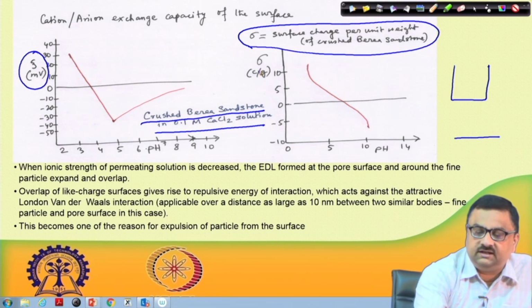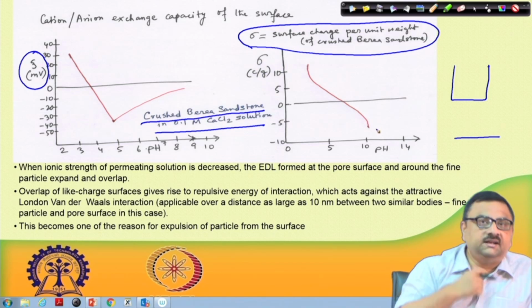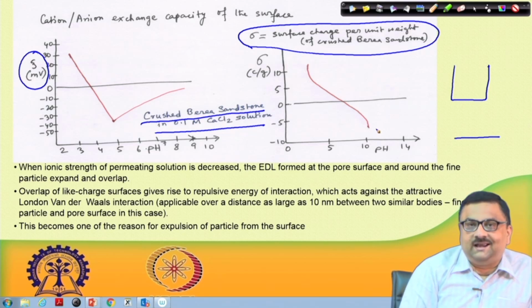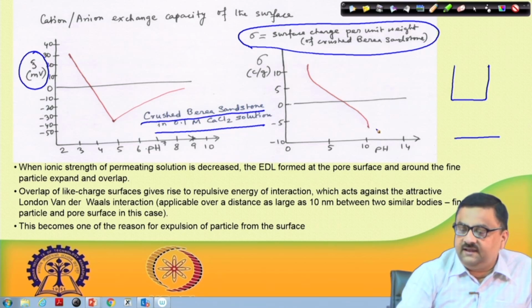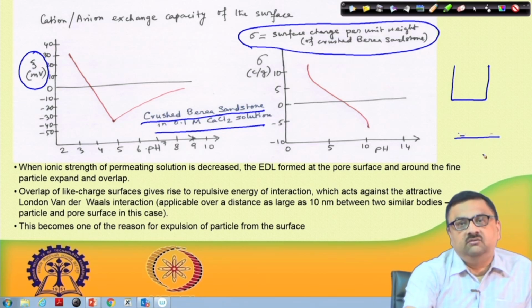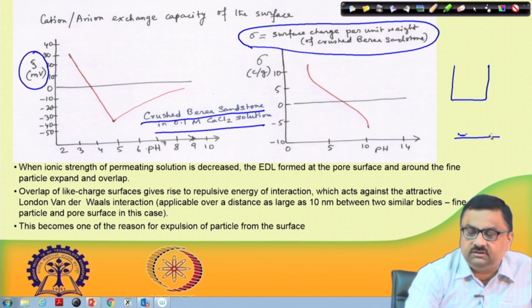The surface charge is given as coulomb per gram, in sigma. Now this is not interfacial tension, this is the surface charge per unit weight. That sigma is going to change with pH, as shown by the red curve. What that means is that as pH is changed, the amount of charge accumulating on the wall would change.